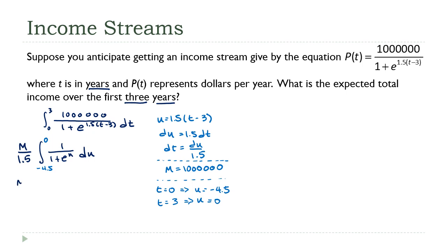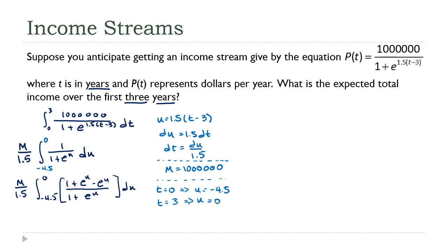I'm going to make this m over 1.5 integral negative 4.5 to 0 of 1 plus e to the u minus e to the u all over this 1 plus e to the u. Right? Hopefully you're thinking ahead with me here, and you're seeing why I'm going to do that.